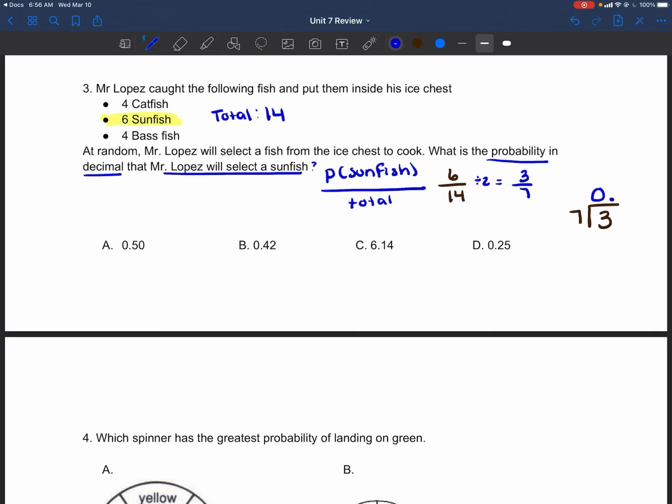Add a 0 and a decimal. 7 goes into 30 4 times, because that gives me 28 with the remainder of 2. I'm going to add a 0 and bring it down. 7 goes into 20 2 times, because that gives us 14, and the remainder of 6. So as you can see, I already have 0.42, and in my answer choices, I see that's letter B.